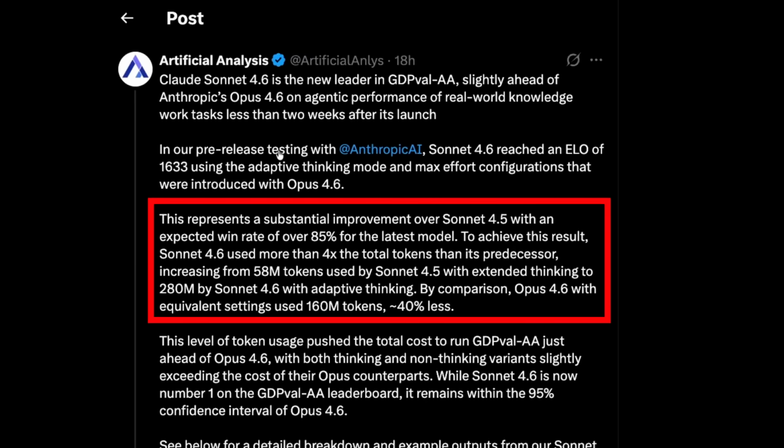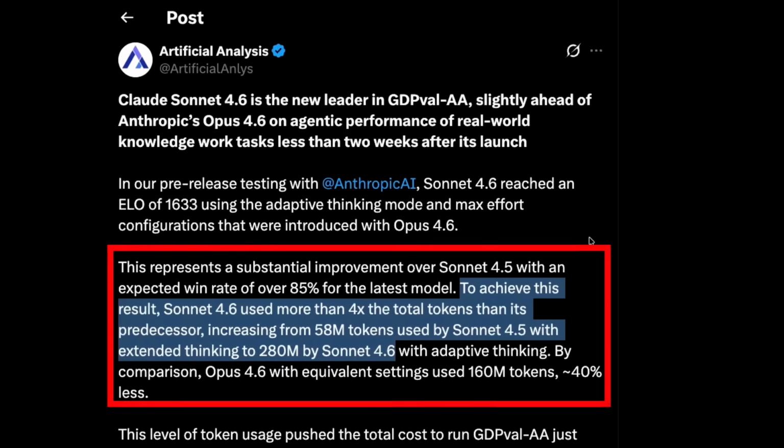And this is that the adaptive thinking that helps make it smarter represented a substantial improvement over Sonnet 4.5. But to achieve this result, Sonnet 4.6 used more than 4x the total tokens than its predecessor. On their benchmarks, Sonnet 4.5 used 58 million tokens, and the new one used 280 million tokens with the adaptive thinking.